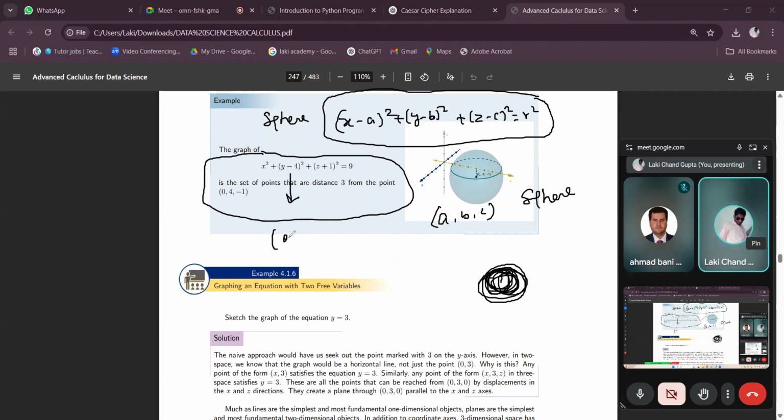The center will be (0, 4, -1) with radius 3. So all points are at a distance of 3. All of them would be on the surface of this.